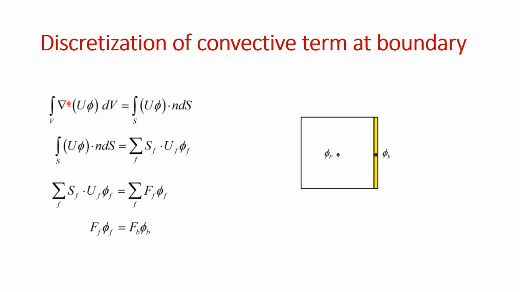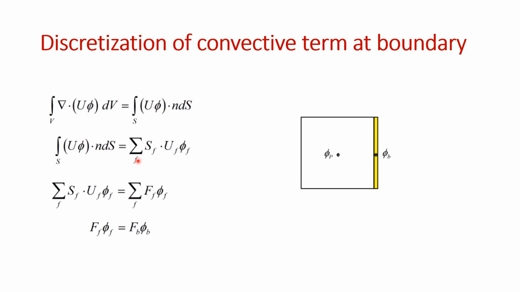So, discretization of the convective term. The integral over the volume of divergence of u phi, again converting it into a surface integral, we have n dS dotted with u phi. And now again, the integration can be written as a summation over the entire surface.